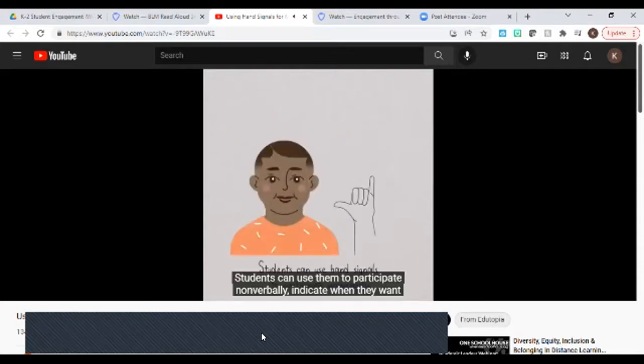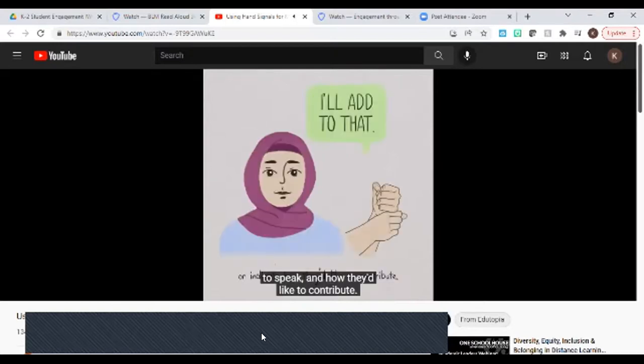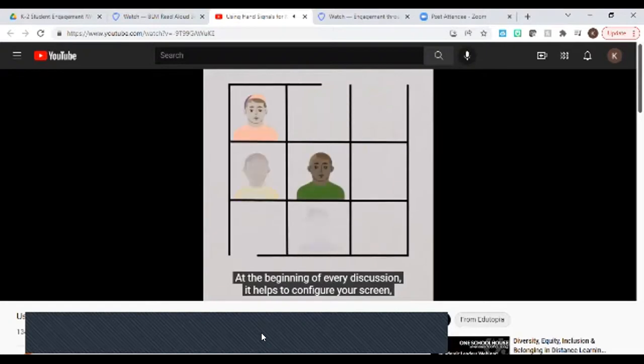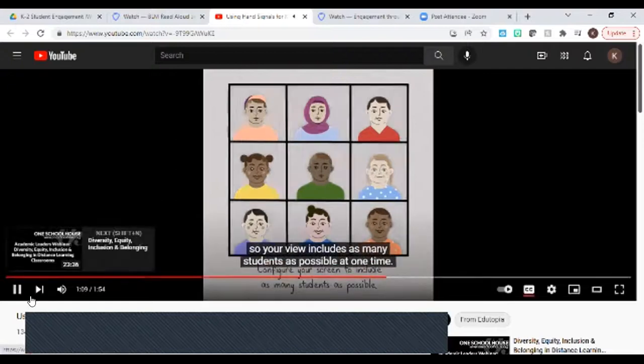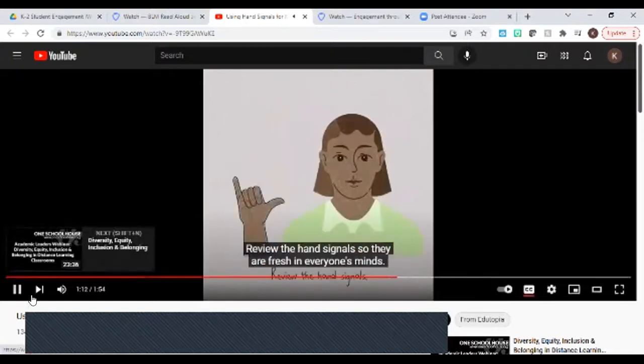Students can use them to participate non-verbally, indicate when they want to speak, and how they'd like to contribute. At the beginning of every discussion, it helps to configure your screen so your view includes as many students as possible at one time. Review the hand signals so they are fresh in everyone's minds.